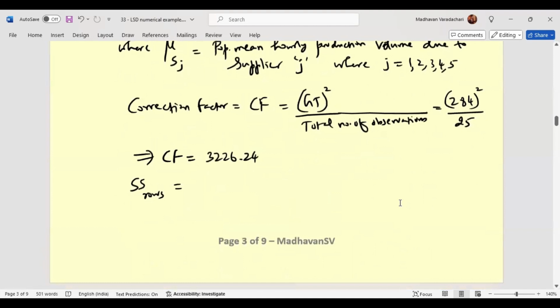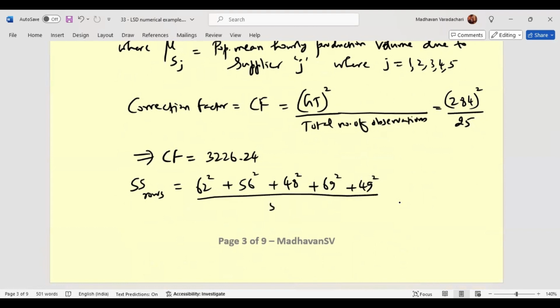Means this will be 62 square plus 56 square plus 48 square plus 69 square plus 49 square, divided by 5, minus the correction factor, which is 3226.24. If we calculate this, we will get 62.96 as the sum of squares of rows.